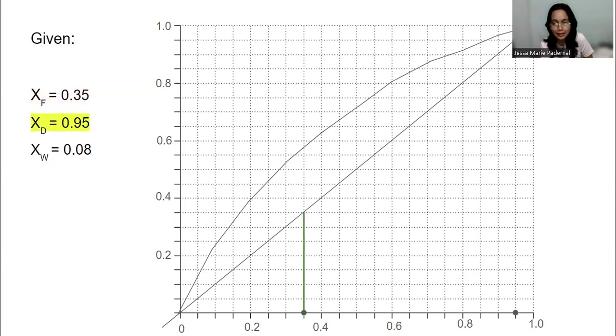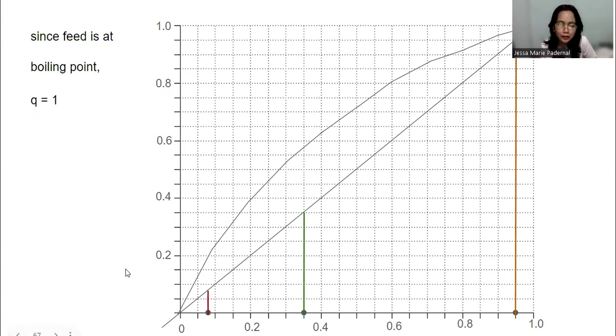For our xd, we locate 0.95 on the x-axis, and then we draw a vertical line towards the center line, which will be our point xd. And lastly, for our 0.08, we draw a vertical line towards the center line, which will be our point xw.